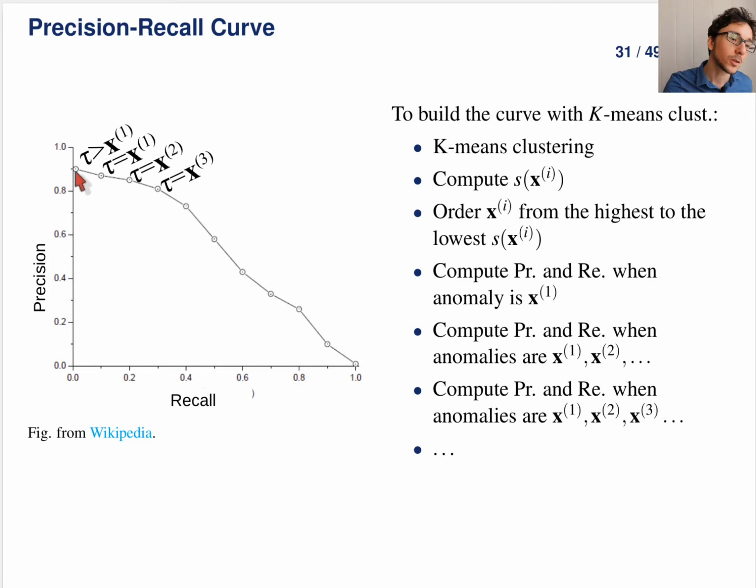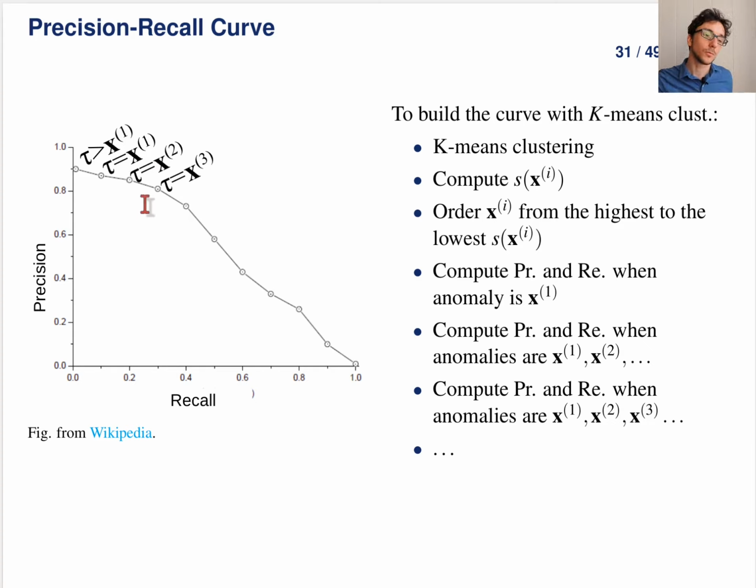Observe that when tau is, let's say, infinite, your recall is 0 because all the points will be considered normal, and your precision is 1 because there will actually be no anomalies given by your detector.